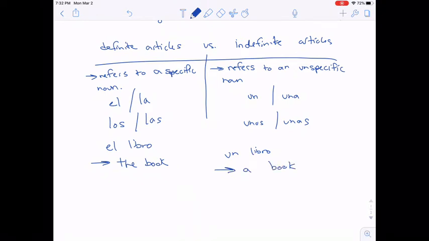So in that case, I don't know what book that is. It could be any book, a book. It'd be any book in a library. Whereas the book would be referring to a specific book. So in the case of el or la or los and las, this always refers to something specific. So therefore, it's always going to be the indicative.